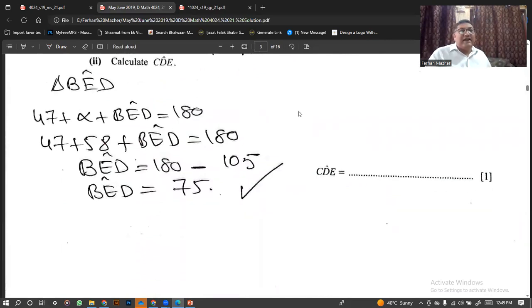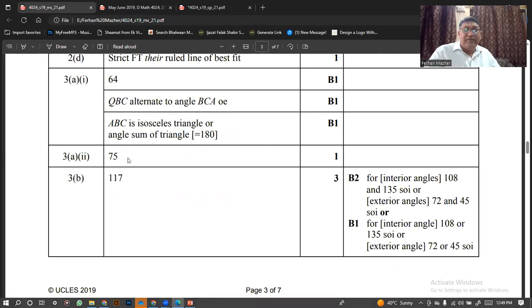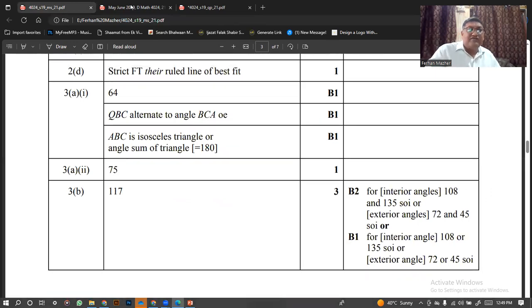So 47 plus alpha plus BED is equal to 180. So 47 plus 58, because the alpha value is 58, plus BED is equal to 180. So the BED angle will be 180 minus 105, and the BED will be 75. So our answer is right.